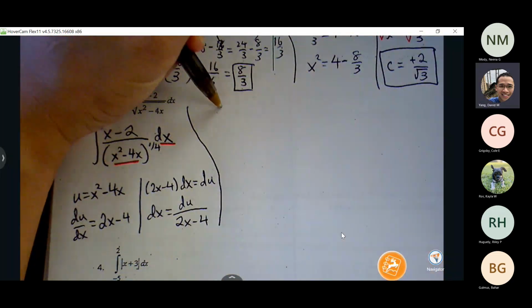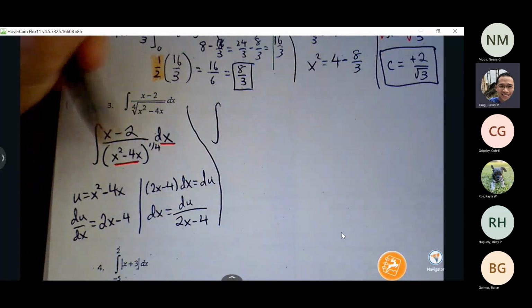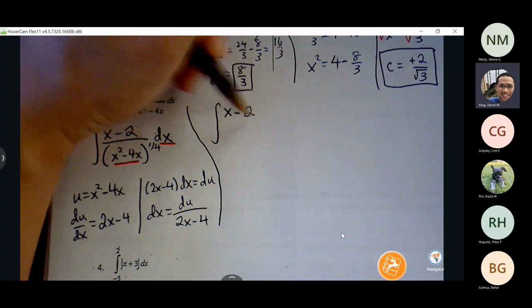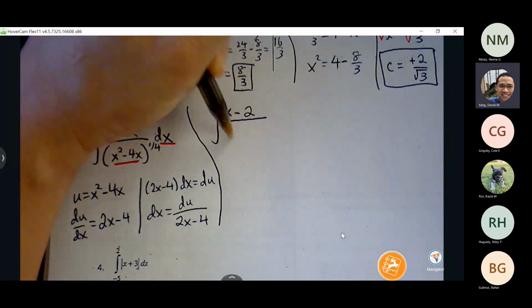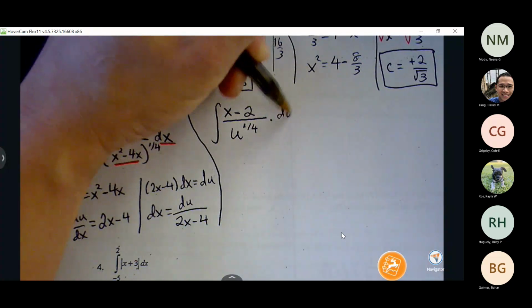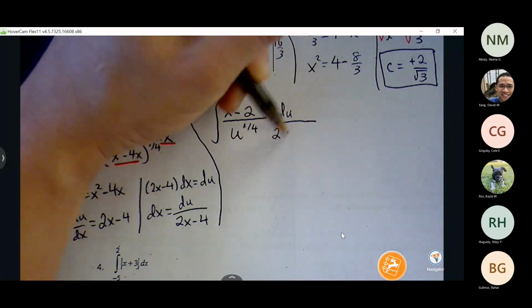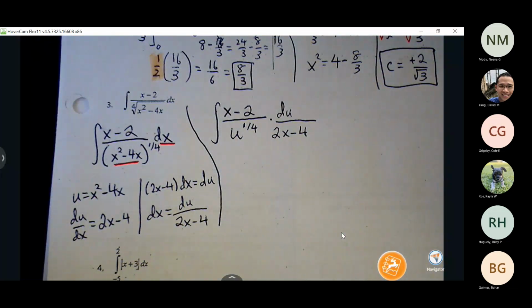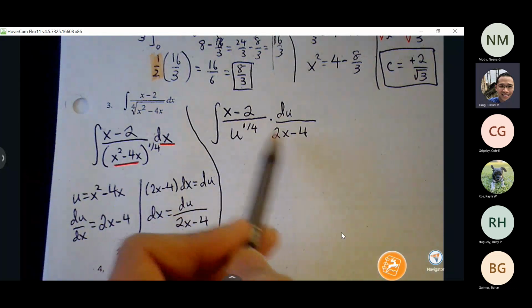Let's see where that leads us, because we still have this x minus 2 that is unresolved, but we'll deal with that a little bit later. So what still has to go away before we can consider a power rule or integration rules? Yeah, the x's have to go away.